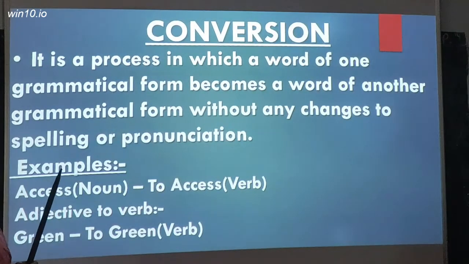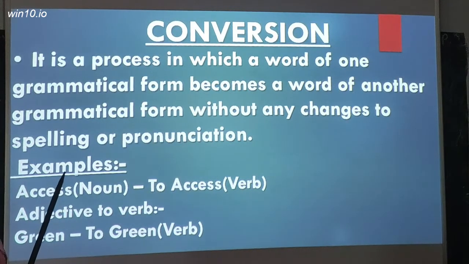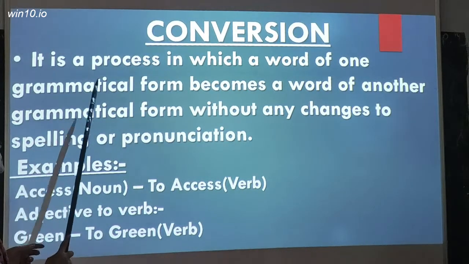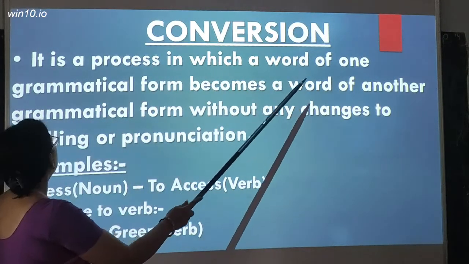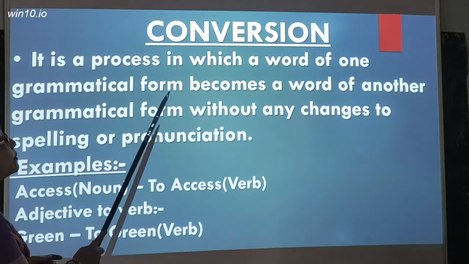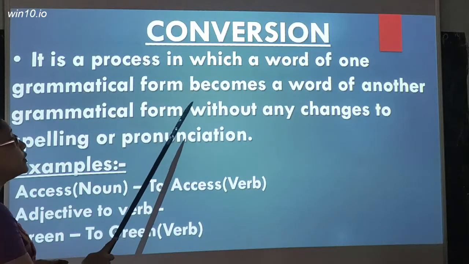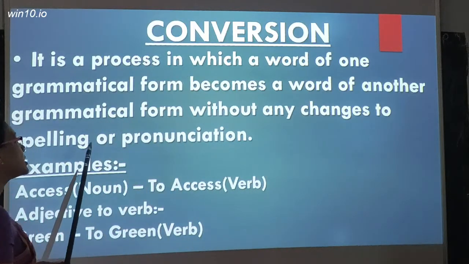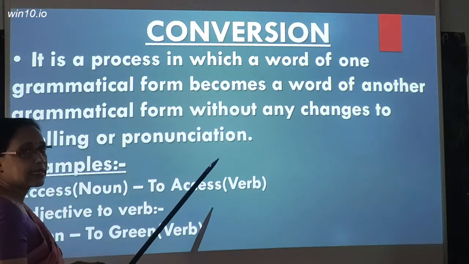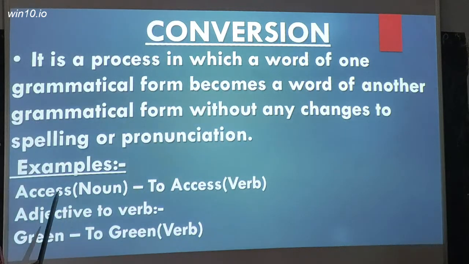Now the next process is conversion. And what is conversion? It is a process in which a word of one grammatical form becomes a word of another grammatical form without any change to the spelling or pronunciation. Examples: "exist."